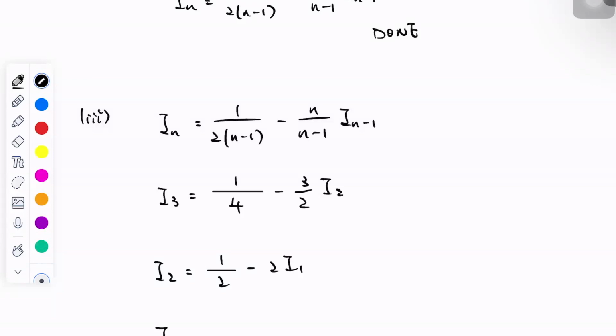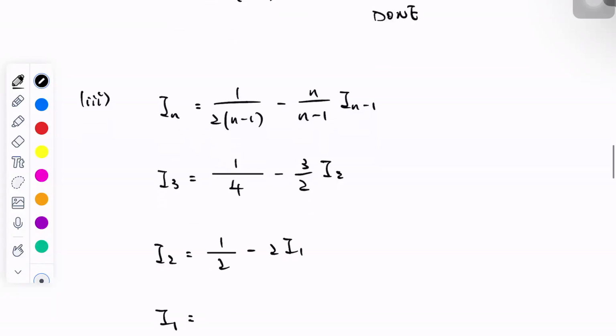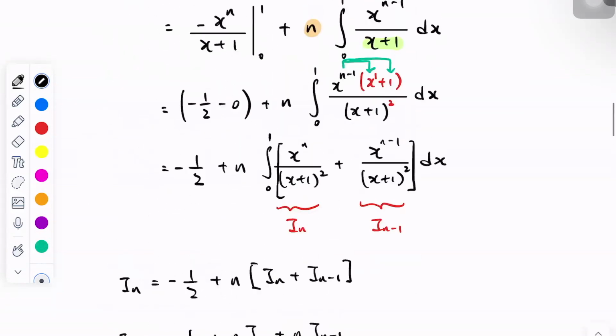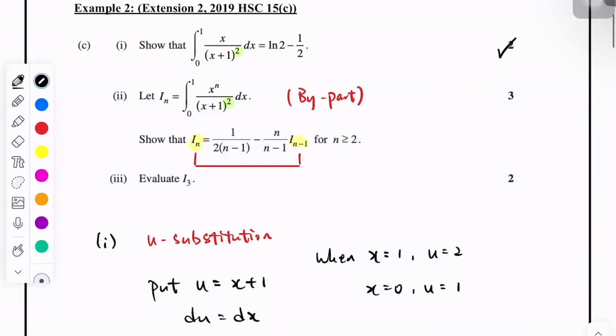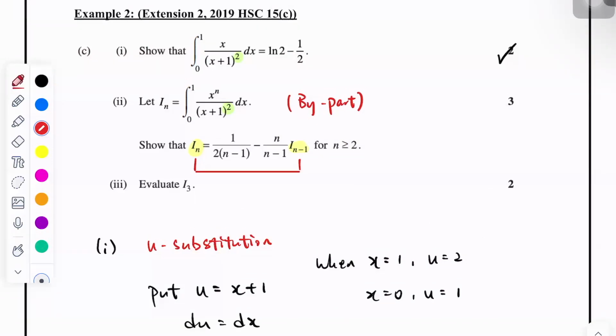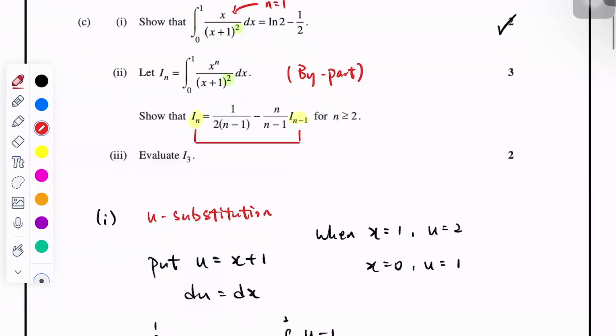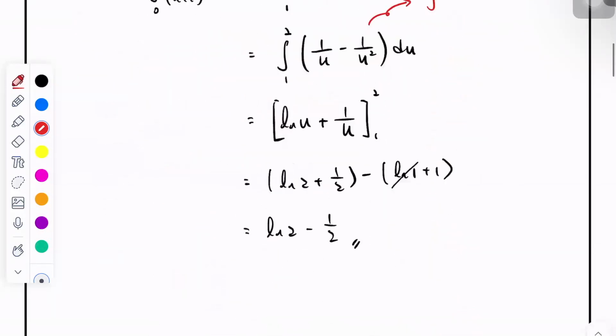Then what is I1? I1 is the one that we have found in part 1, because here is when n is 1. So when n is 1, it is ln 2 minus half.